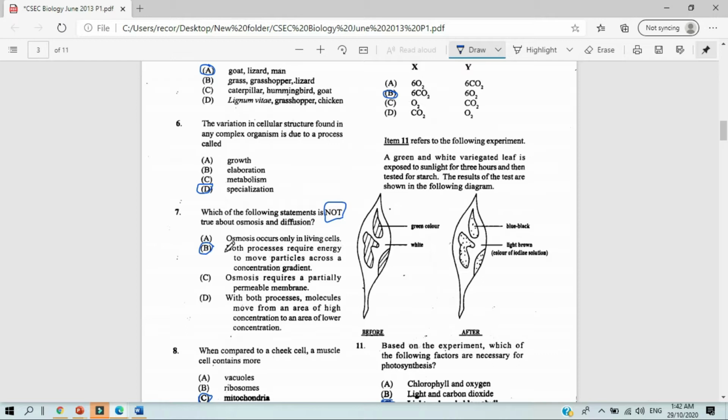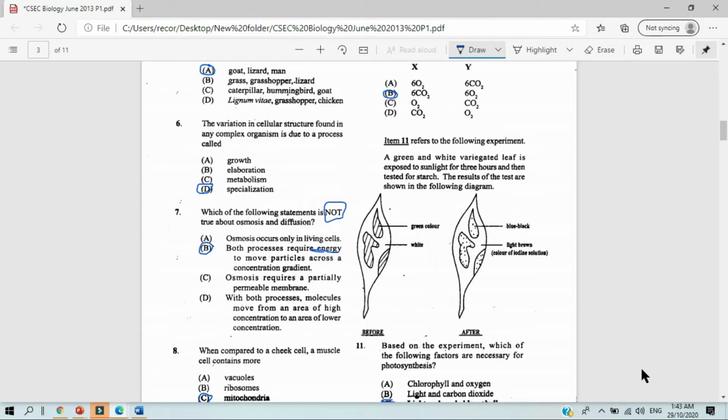And I selected B, both processes require energy to move particles across a concentration gradient. Now you'd understand that osmosis and diffusion are both types of passive transport, so there is no need for energy to move them. That is something that would have been confined to passive transport. So here our answer is going to be B.